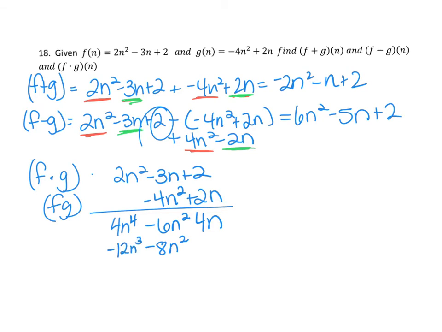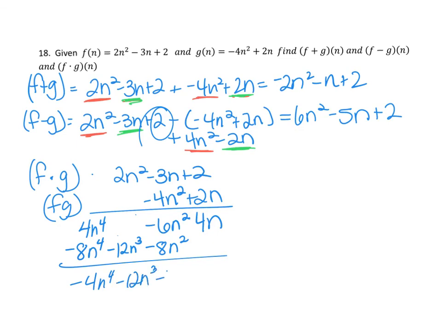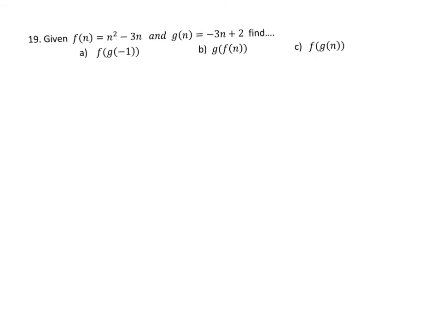And these don't line up, so I'm going to move this over. 4n to the fourth. And then negative 4n squared and 2n squared is negative 8n to the fourth. Because we're multiplying, then we'll add up our like terms. Negative 4n to the fourth minus 12n cubed minus 14n squared plus 4n. And that is your f times g.